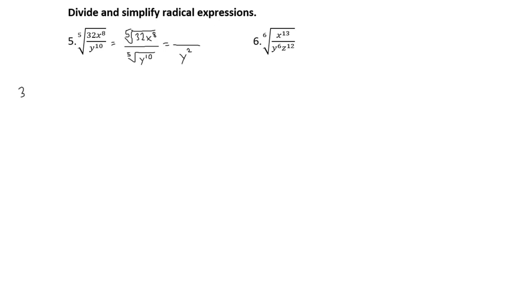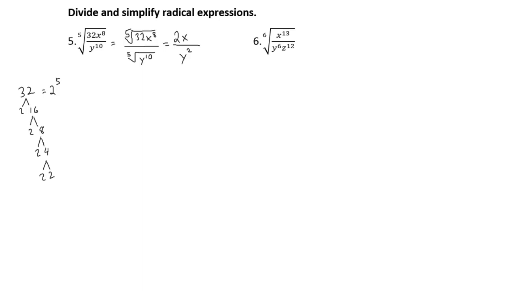32 is 2 and 16, 2 and 8, 2 and 4, 2 and 2. 1, 2, 3, 4, 5 2's. So that is 2 to the fifth. So 5 divided by 5 gives you 1, so that's 2. Bring that out. x to the 8, well, 5 of them divides by 5, but 3 would be left on the inside.